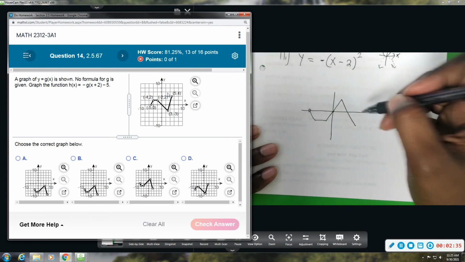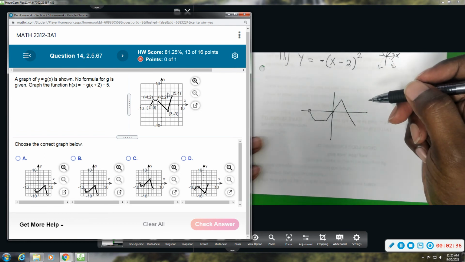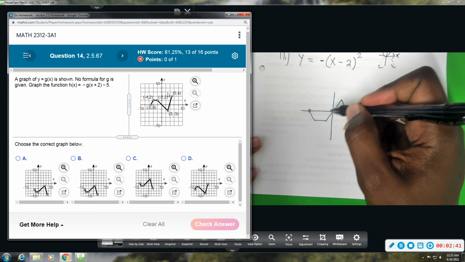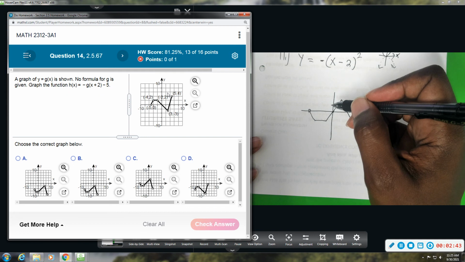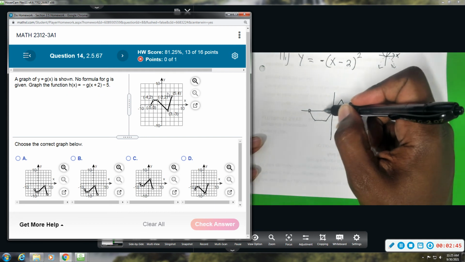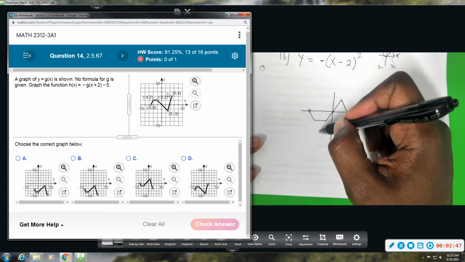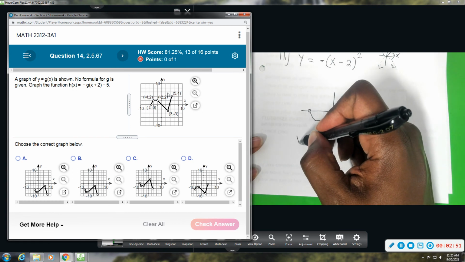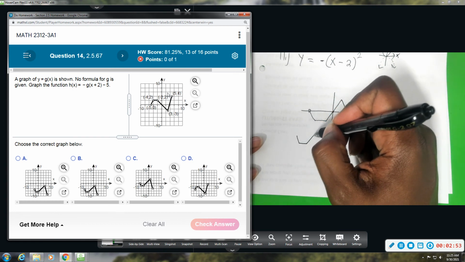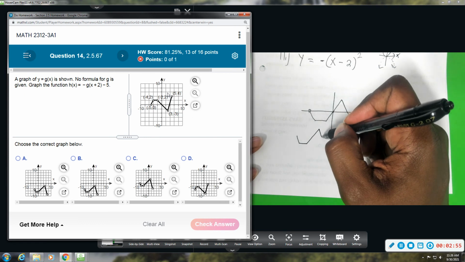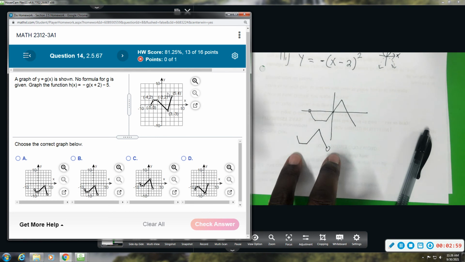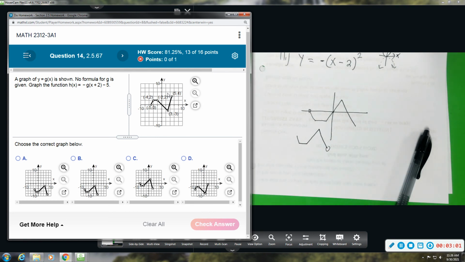So this is the flip of the graph. If you just flip it across the x-axis, that's the negative part. And then we're going to shift this image left 2 and then down 5 units. So I'm looking for this shape to be over here in space somewhere. Maybe something like this, maybe not exact, but that's the shape I'm looking for down in space.